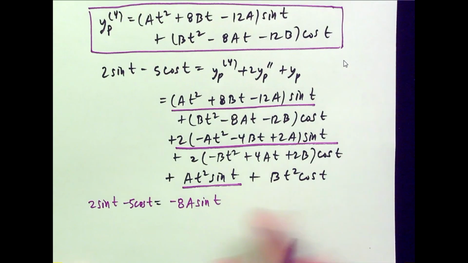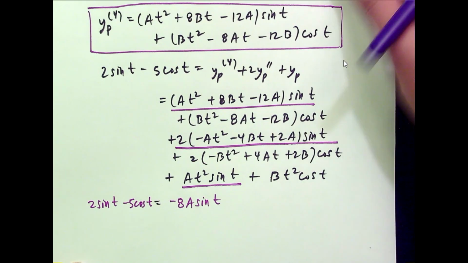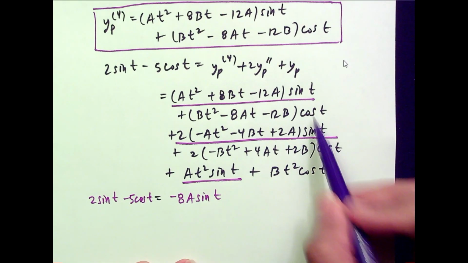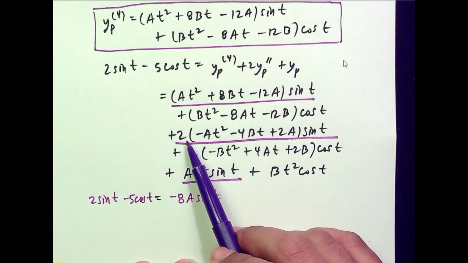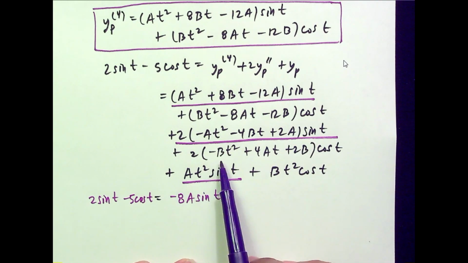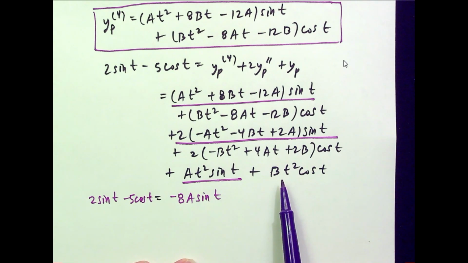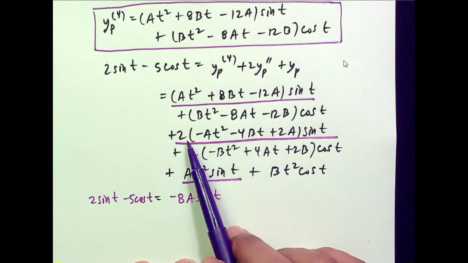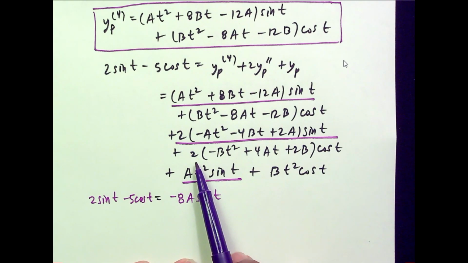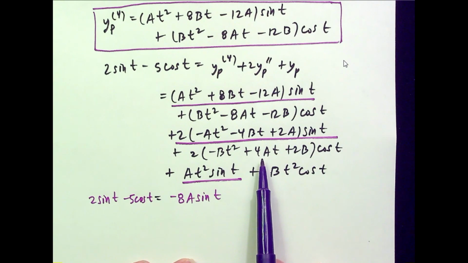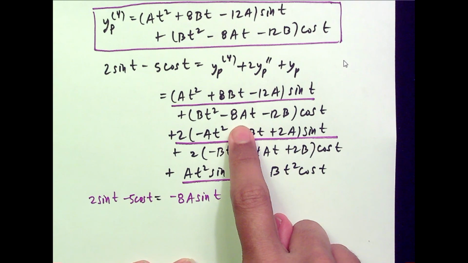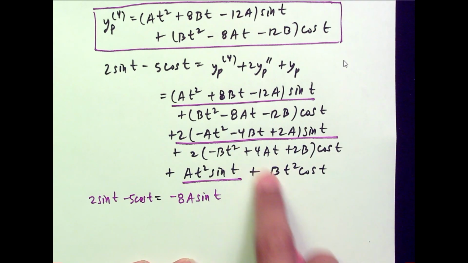Okay, and now I'll just copy this part. And now combining the cosines: bt squared, negative 2bt squared, and positive bt squared gives you 0. They all cancel. Negative at, and then positive at, there it is, 2 times 4at, that's positive 8at, so you have negative 8at and positive 8at, which gives you 0.